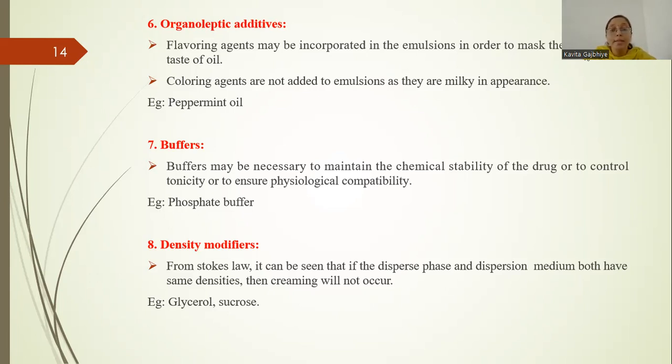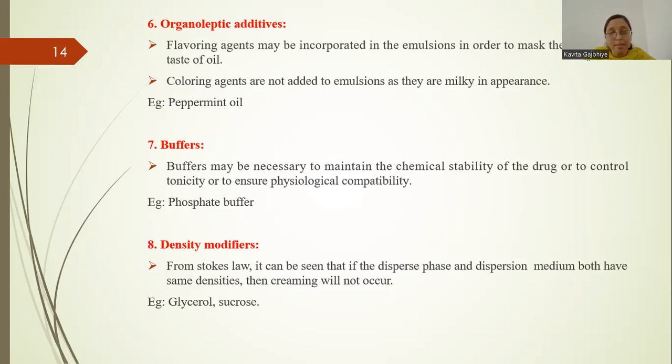The next ingredient is density modifier. In the suspension chapter, we discussed Stokes' law. It can be seen that if the dispersed phase and dispersion medium both have the same densities, then creaming will not occur. Because we know that in case of emulsion also, like suspension, there are chances of creaming, cracking, and phase inversion.